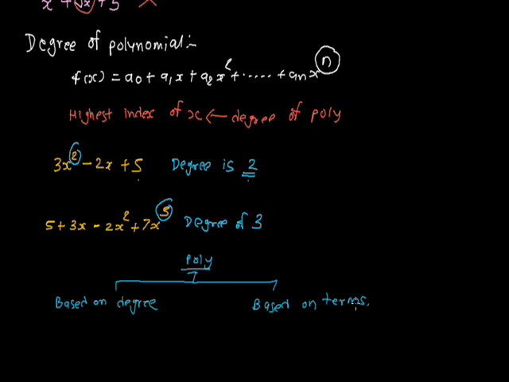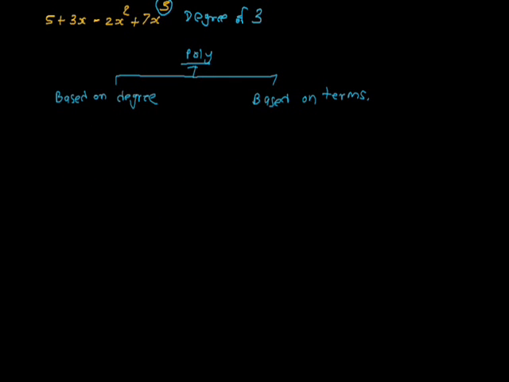In that case we have to count the total number of terms in the expression, and we give a proper name to a particular term. So based on degree, the first is the zero degree polynomial.